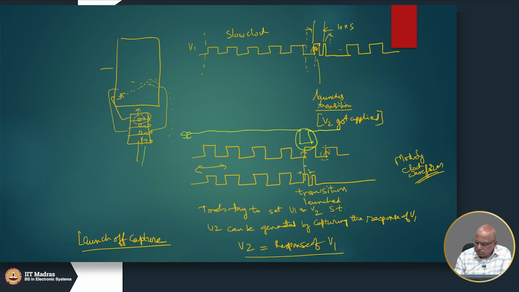See, the scan enable signal became 0 here itself, because we are going to do a capture in order to launch V2. So there is sufficient time for us to change scan enable back to logic 1.